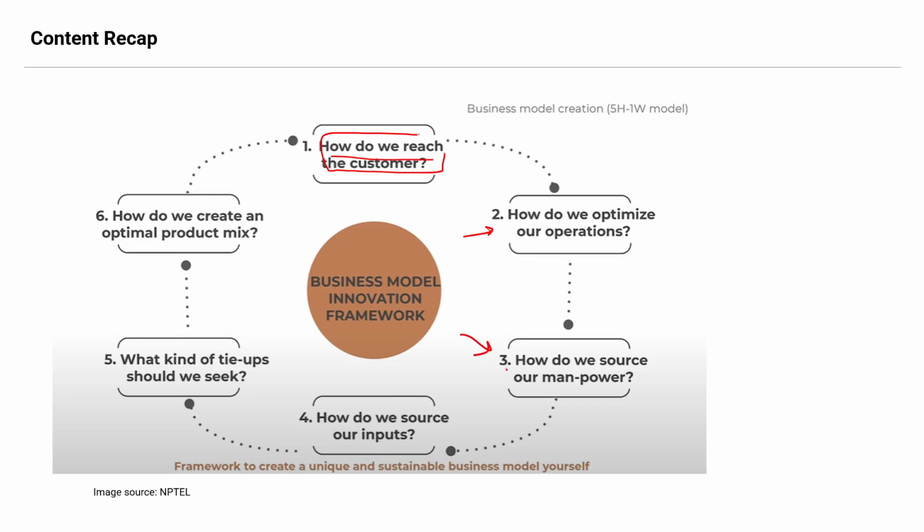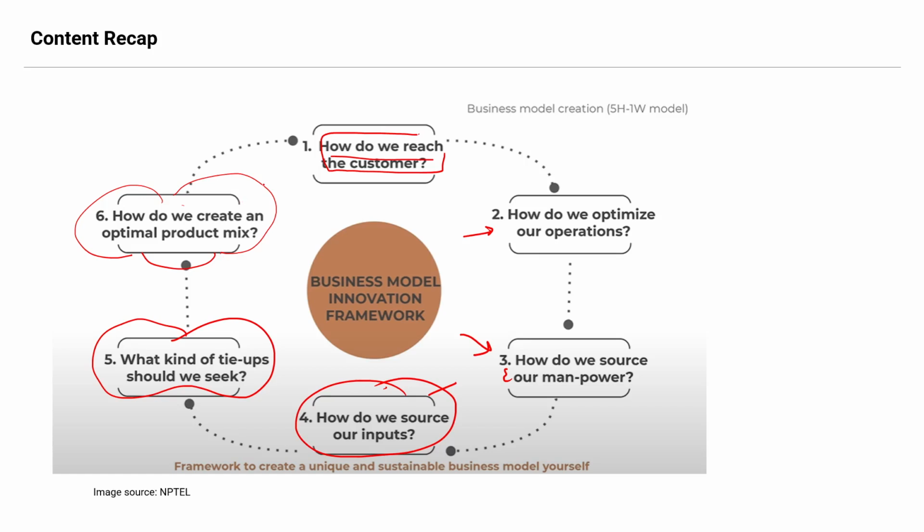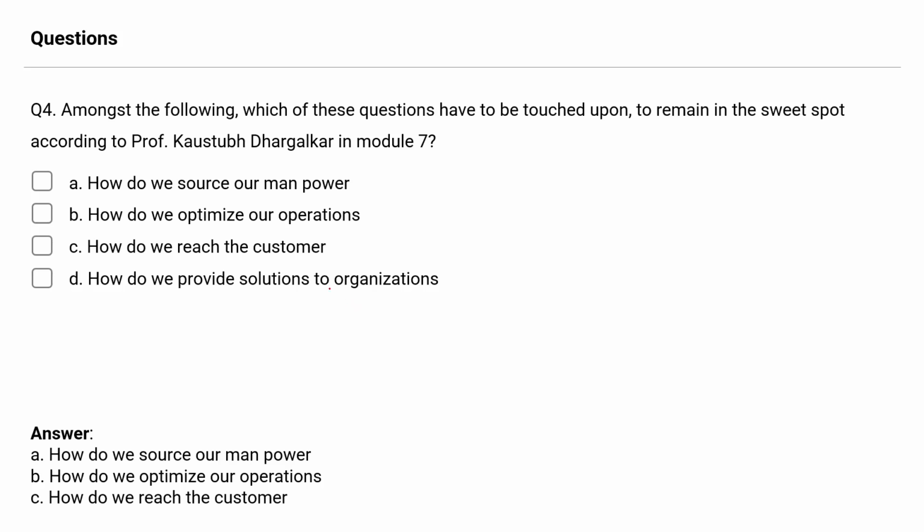How do we source our manpower? How do we source our inputs? Can be raw materials as well. What kind of tie-ups should we see? Tie-ups, collaborations, right? How do we create an optimal product mix, right? So this is the business model innovation framework.